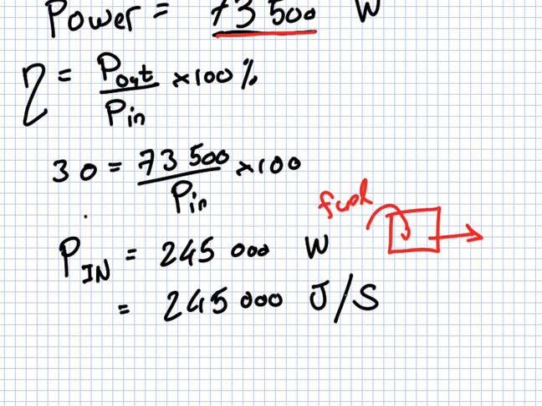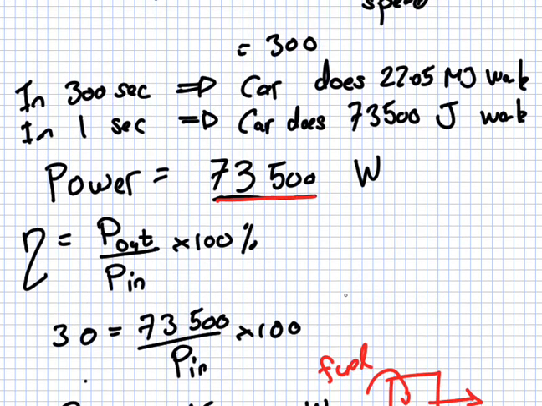I have a question. Yeah. How do you calculate in 1 second? I just took this number and divide by 300 because this number here is for 300 seconds. Yes. So this number here is for 1 second. So I divide this by 300. But don't forget, Louise, that this is mega, so it's a 10 to the 6. Okay.